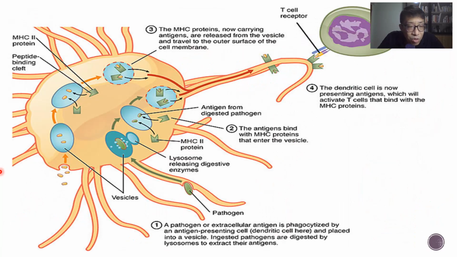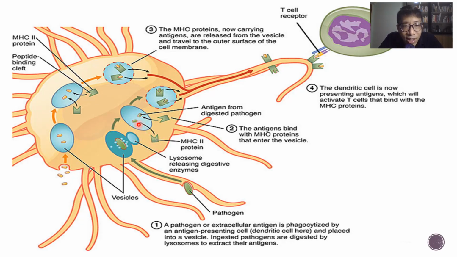Here is another diagram to show the same thing. This is a dendritic cell with the phagocytosis of pathogens, both here and here. After that, the lysosome, as you can see here, would fuse with the phagosome to digest the pathogen. Then you have the MHC class 2 proteins. They are not floating in the cytoplasm, so they should be found in the vesicle, as you have seen from the previous diagram.